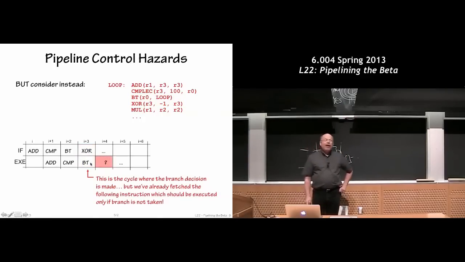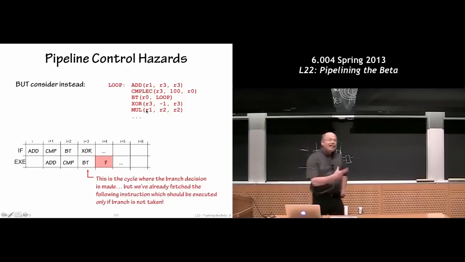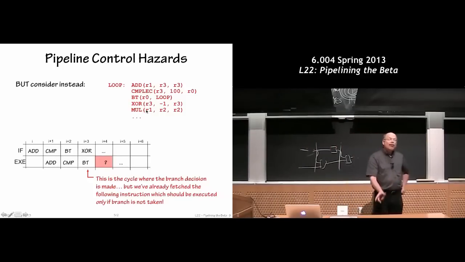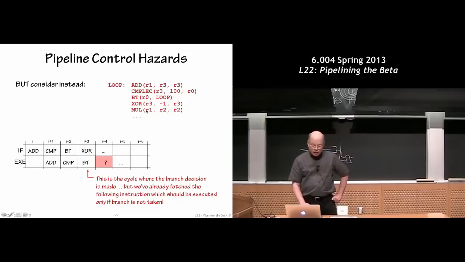Okay, the difficulty is that if we're going to take the branch, do we want to execute the XOR? No. In general, if we take this branch, we go back to the beginning of the loop. It's a 3-instruction loop. We shouldn't really be executing the XOR until we exit the loop. It's the first instruction to be executed if we do not take the branch.